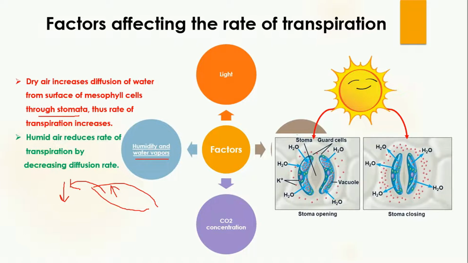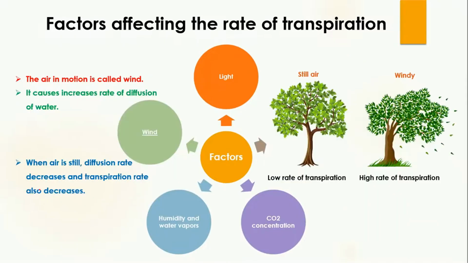So in this way, the rate of transpiration will increase. But when the humidity increases, or the water vapors in the air have increased, it means in the air enough water vapors are present, no more water vapors are required, so the rate of transpiration will decrease.